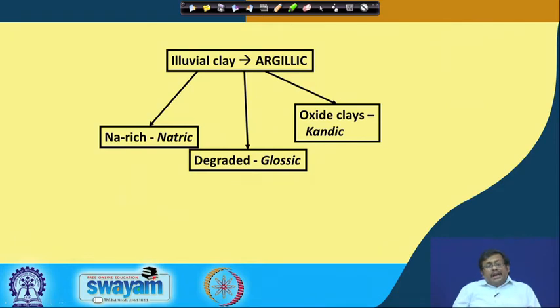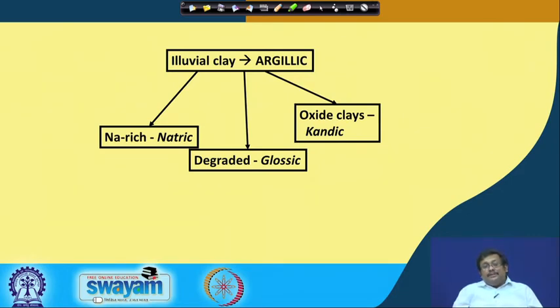So, alluvial clay or alluviation of clay into argillic horizon can be further differentiated into three subsurface horizons. One is called natric horizon, another is glossic horizon, another is candic horizon. Now, natric horizon is basically composed of alluvial clay, but with a sodium enrichment.